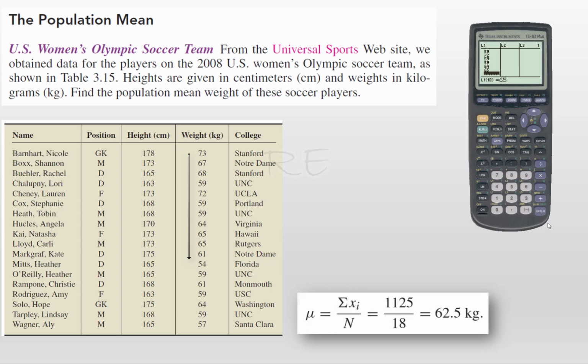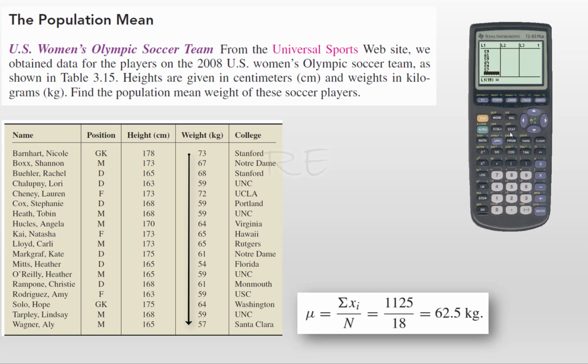It becomes a data entry kind of problem where all we have to do is enter the data and make sure we know which button to press to calculate the mean. We're going to enter the last observation, 57.